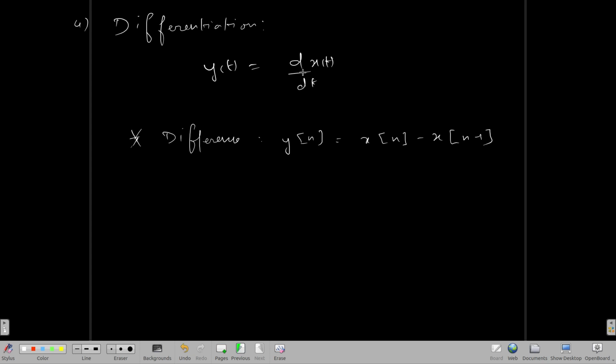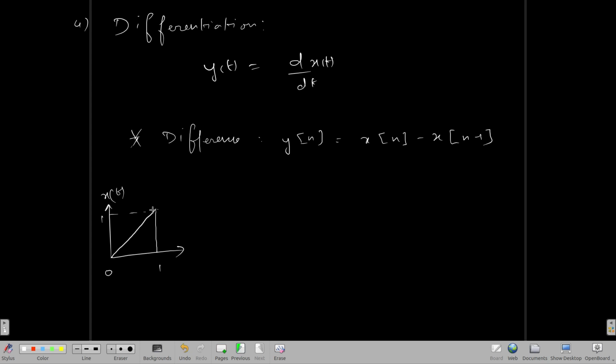Okay. So basically in differentiation we are differentiating whatever signal we have and finding the result. So suppose we have the signal x of t as this one, 0 to 1. So what is this?